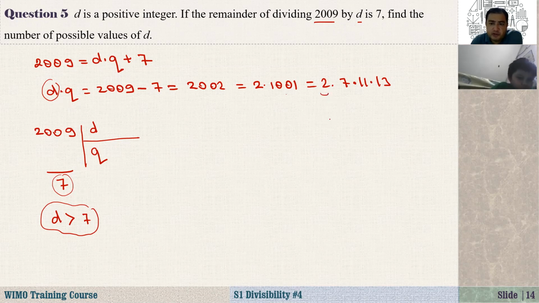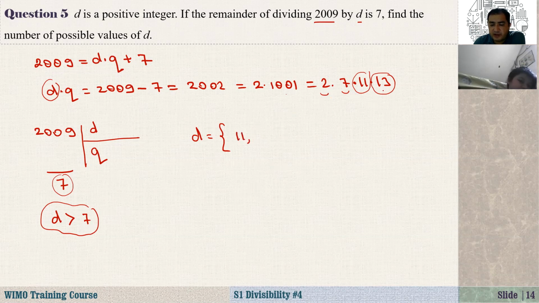Can D be 2? No. Can it be 7? No, it is not greater than 7. So it can be either 11 or 13. All right, let me write the possible values of D. Since D is greater than 7, it cannot be 2, it cannot be 7, but it can be 11.